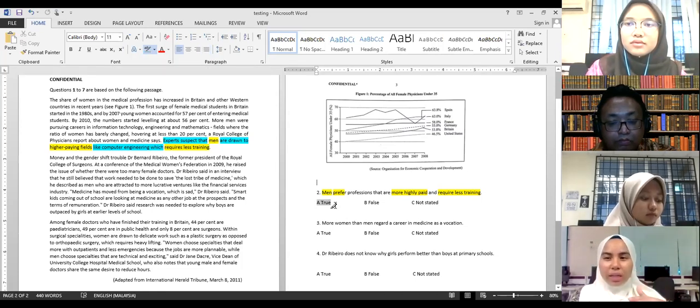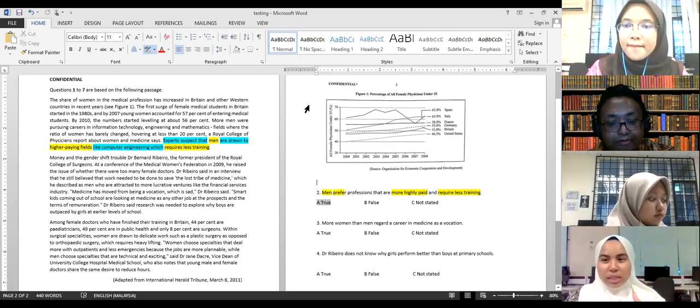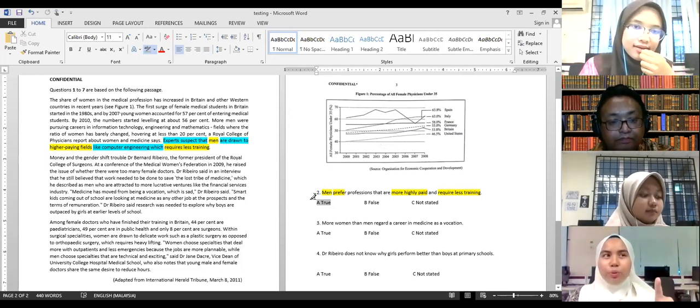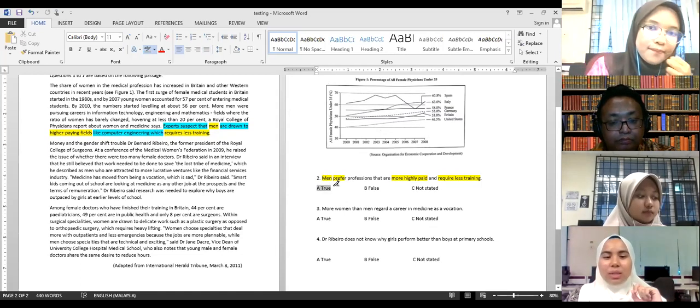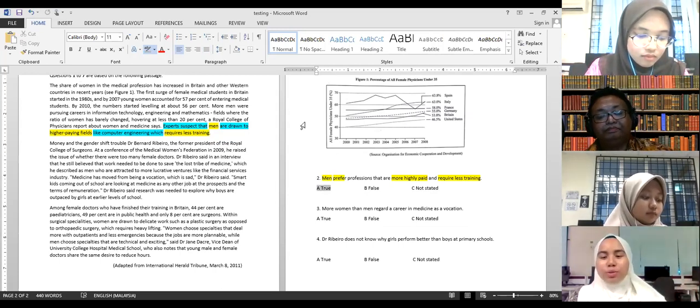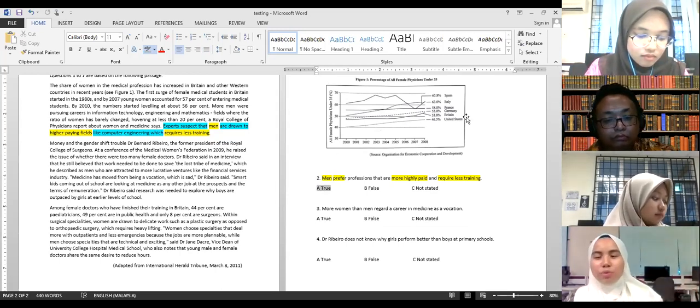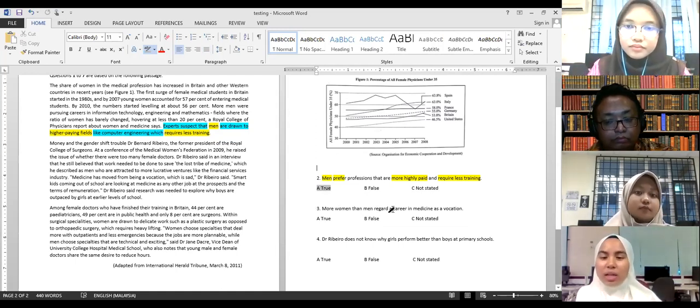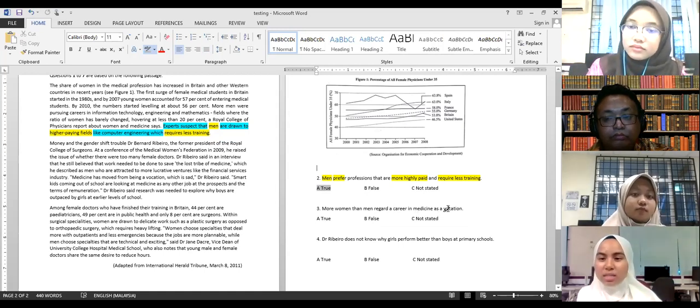If you find that what was written in the question is consistent with what was written in the text, then you have to be confident that the answer is true, because it is obvious that you can find the answer here. So next, let's move on to the next question, which is: more women than men regard a career in medicine as a vocation.